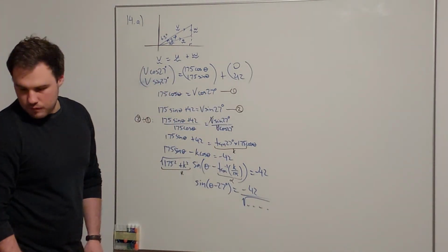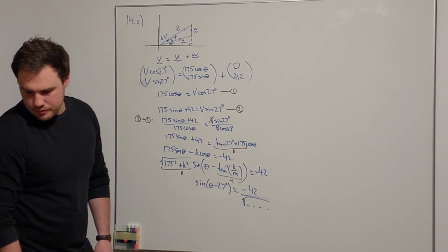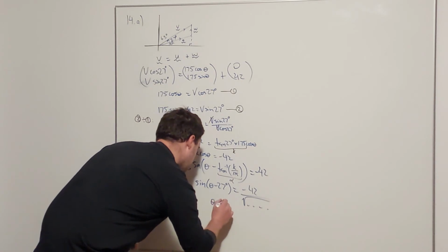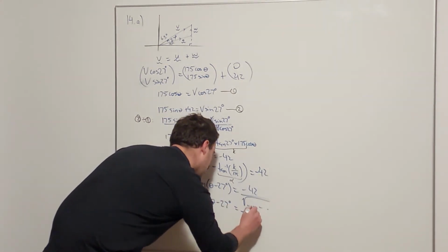And then if you do inverse sine of that, you get theta minus 27 degrees equals negative 12 degrees.